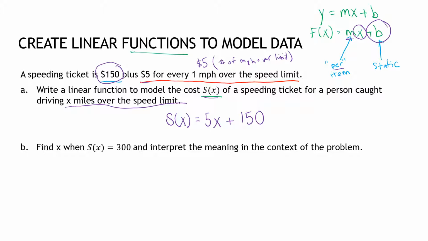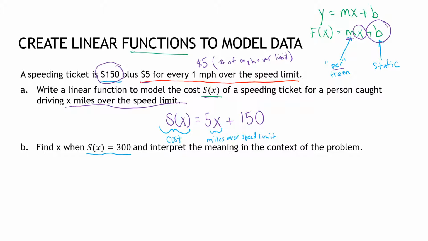One way is if we replace s of x with something, and remember s of x represents the total cost of the speeding ticket, and x represents miles over speed limit. So we need to be very careful about what we're plugging in where. Here it says s of x is equal to 300.